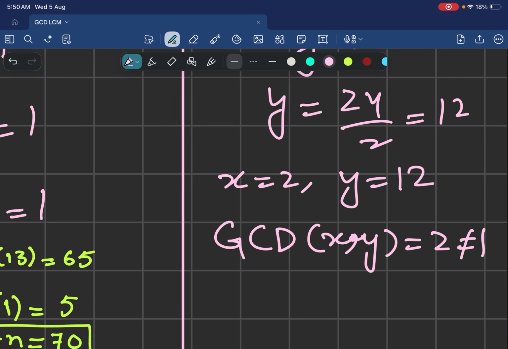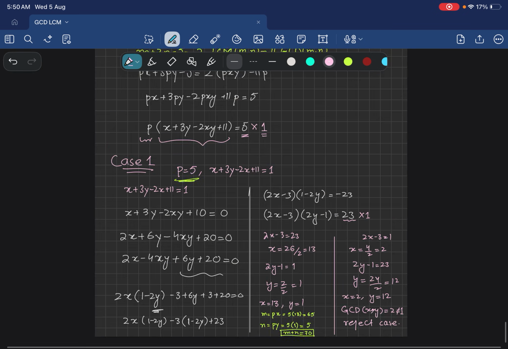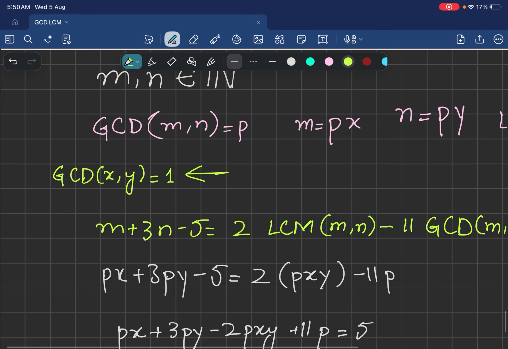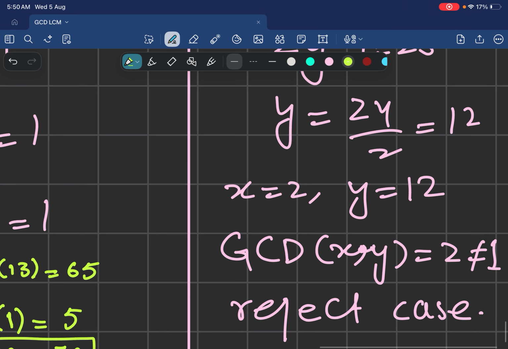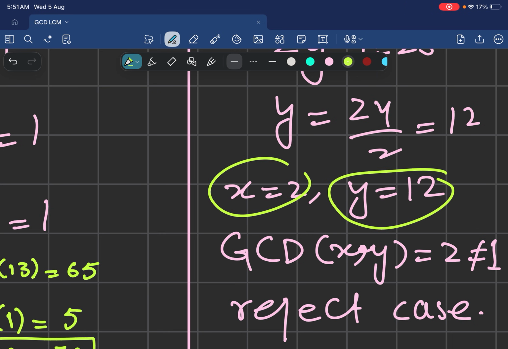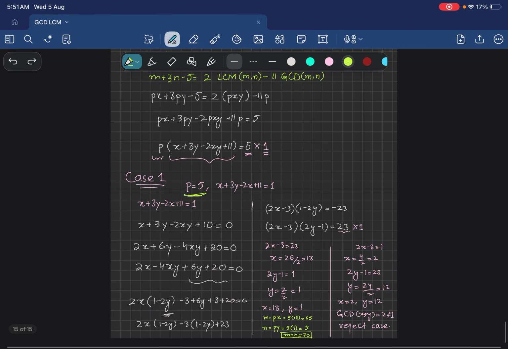But it is equal to 2. It is not equal to 1, therefore they are not co-prime, therefore reject this case. Because we had that GCD of x and y must be 1, but here it is not equal to 1, they both have 2 in common, therefore we reject this case right away.